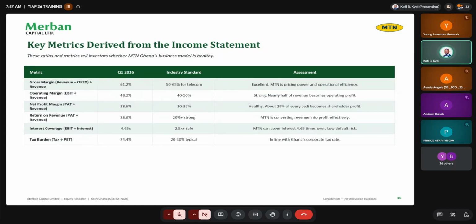Then we have operating margin, net profit margin, return on revenue, how much they are getting on revenue, interest coverage, how much MTN spends on interest payment, and the tax burden. So this is a summary of the income statement.